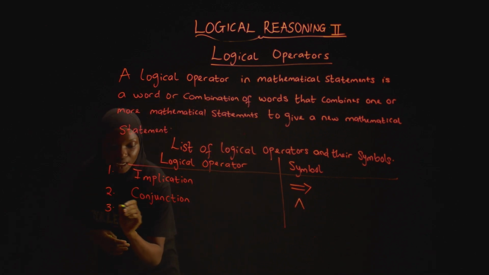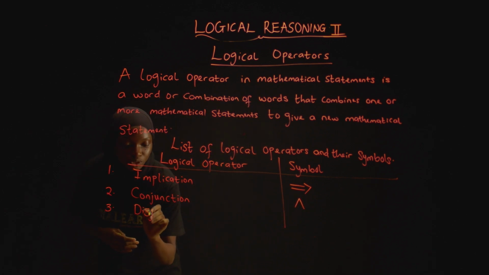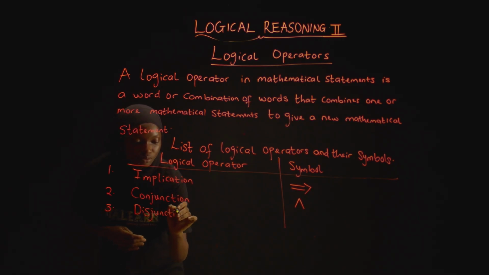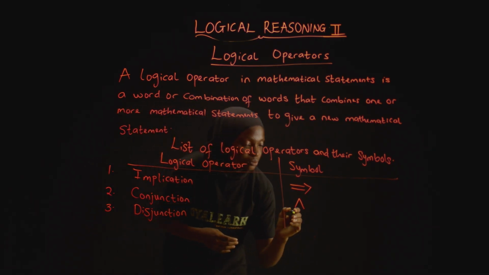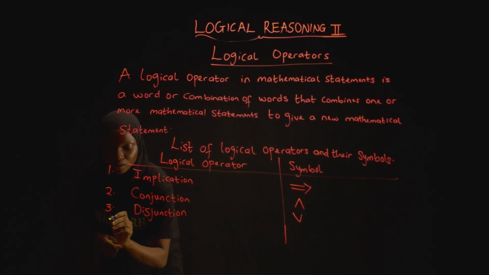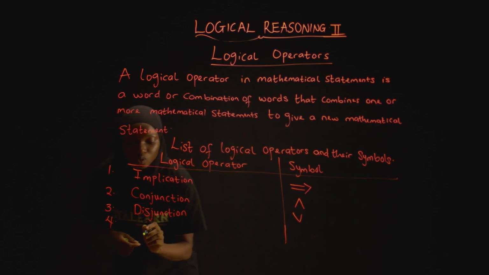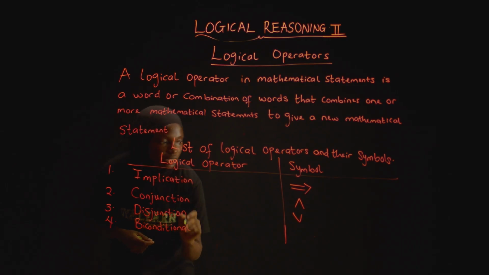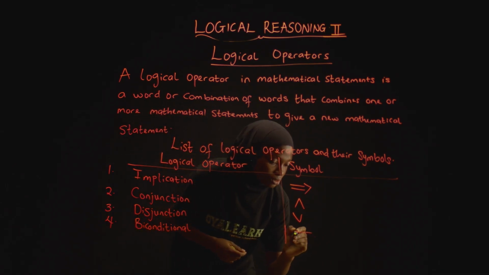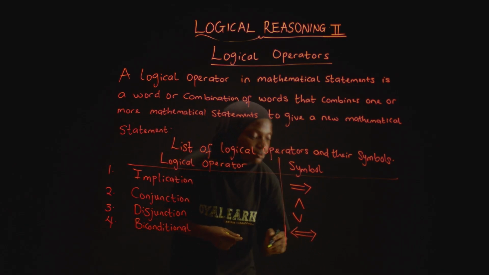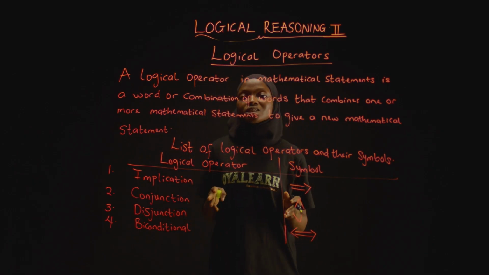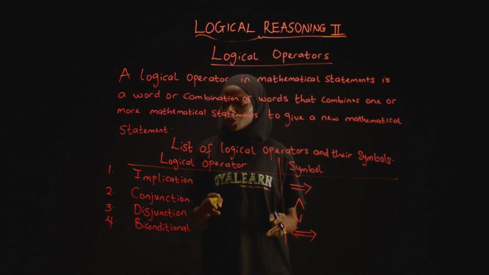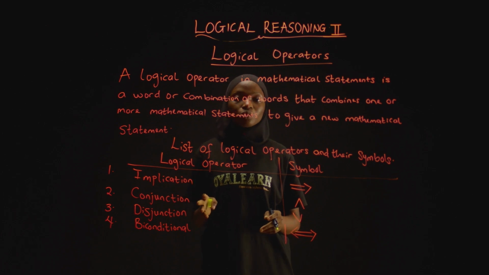The third one, we have disjunction, having the symbol like a V. The fourth one, we have biconditional, and the symbol like this. So these are the basic logical operators we have: implication, conjunction, disjunction, and biconditional.